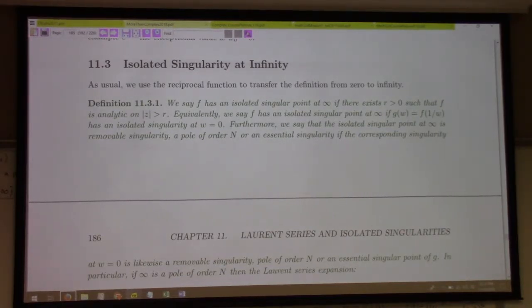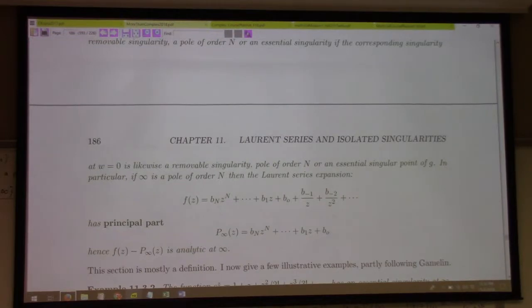And getting to the point here, what does a pole of order n look like? It actually looks like this: bn z to the n plus dot dot dot b1 z plus b0, and then plus a possibly infinite sum of reciprocal terms. This is what a pole of order n at infinity's Laurent expansion looks like.